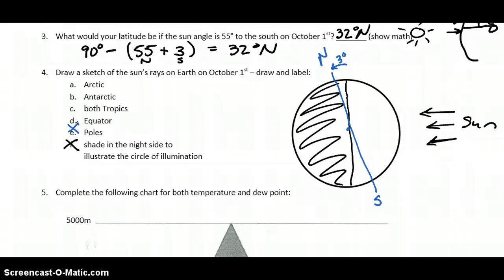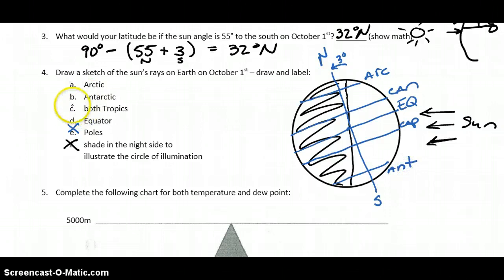Now, the equator is pretty easy to do. If you have a protractor, you're just making a perpendicular line. So that's my equator. The Tropic of Cancer is 23 degrees north. The Tropic of Capricorn, 23 degrees south. The Arctic, 66 north. And the Antarctic, 66 south.